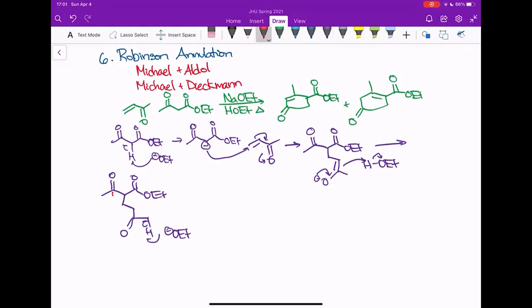So if I'm attacking this carbonyl, counting down, using the last carbon will give me my 6-membered ring. And so that's the one that will be more likely to get deprotonated. And so these electrons will come up to attack that carbonyl position.